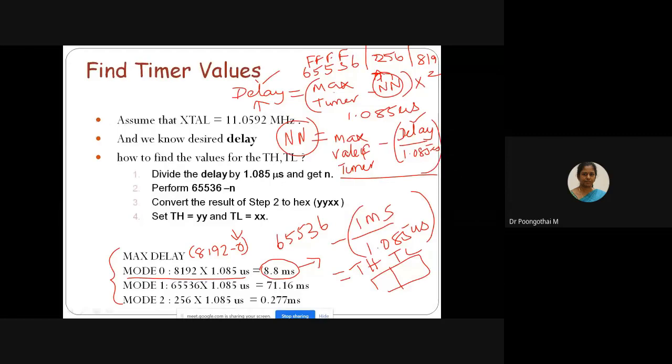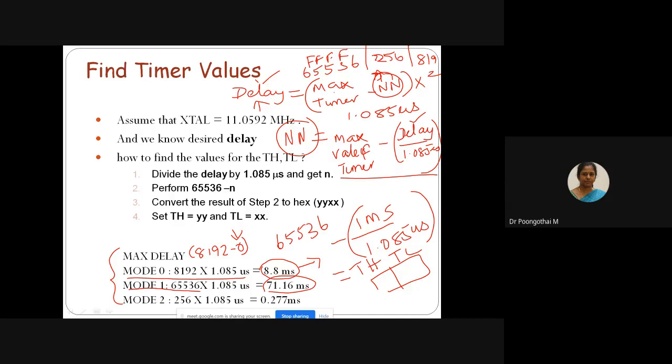In case of mode 1, 65536 minus initial value, let's assume the initial value is 0. So 65536 into 1.085 microsecond. The maximum time delay generated by mode 1 is 71.16 millisecond.